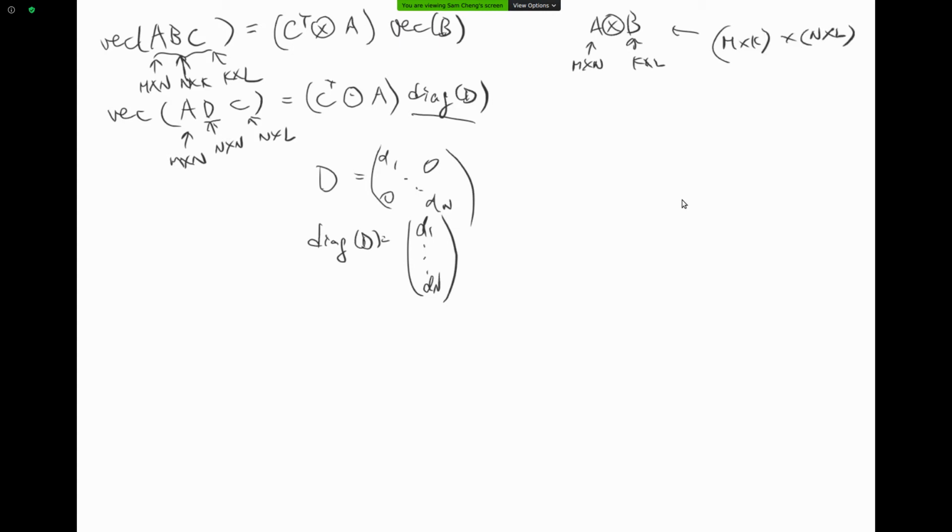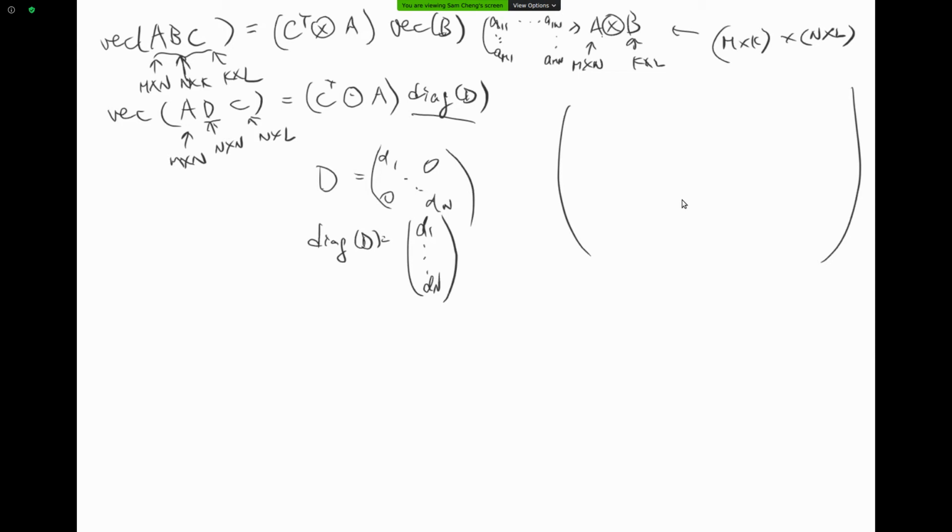Basically it's just tiling the B matrix, weighted by each element of A. More precisely, let's say the elements of A are A11 up to AM1, and so on, A1n up to AMN.